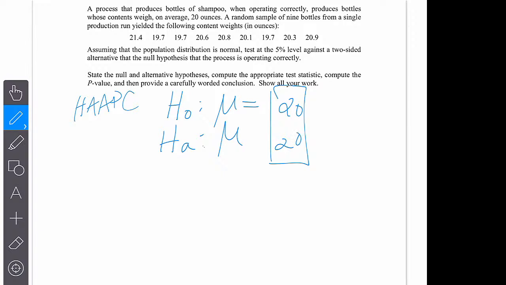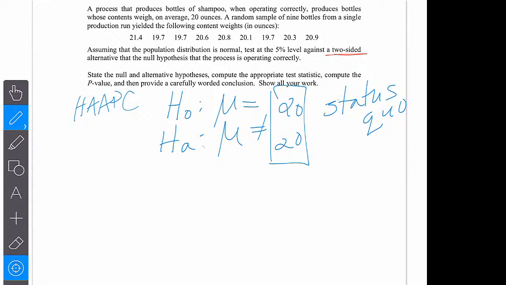And I'm going to test it against the alternative. It tells me the alternative is two-sided. Two-sided looks like that. So the null hypothesis is the status quo. It's what we want to test.